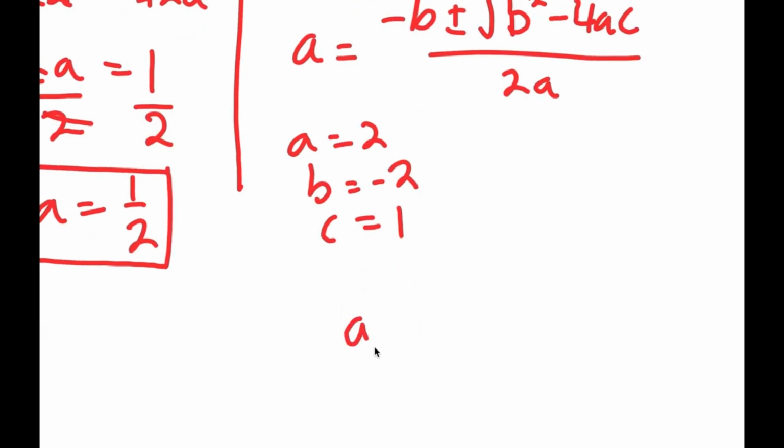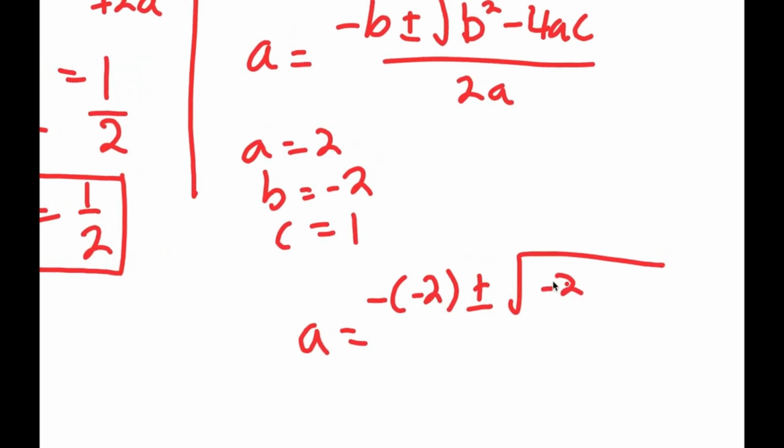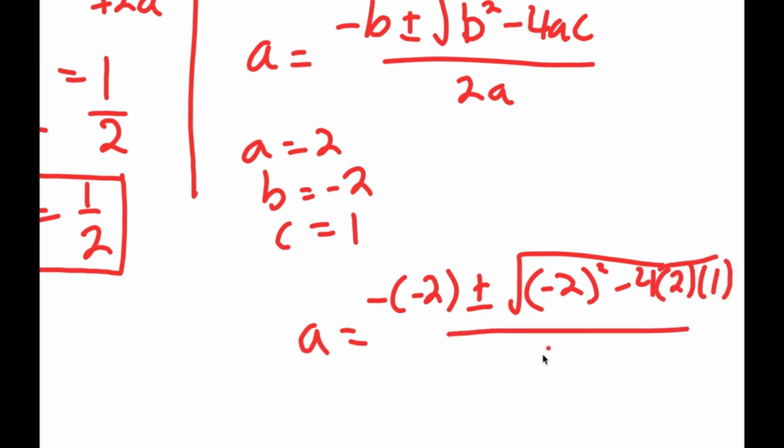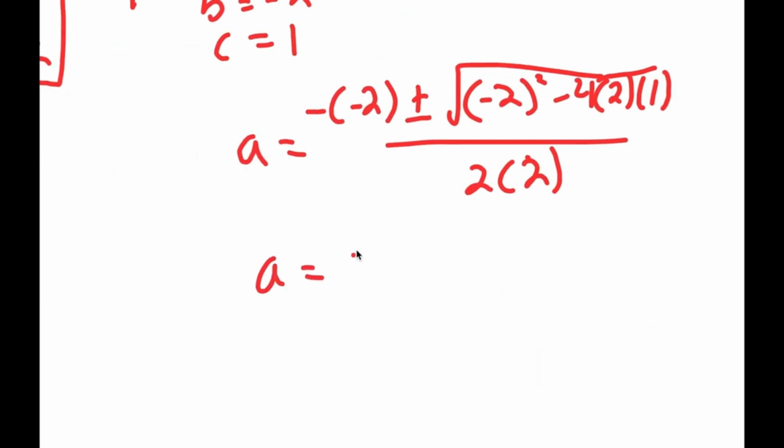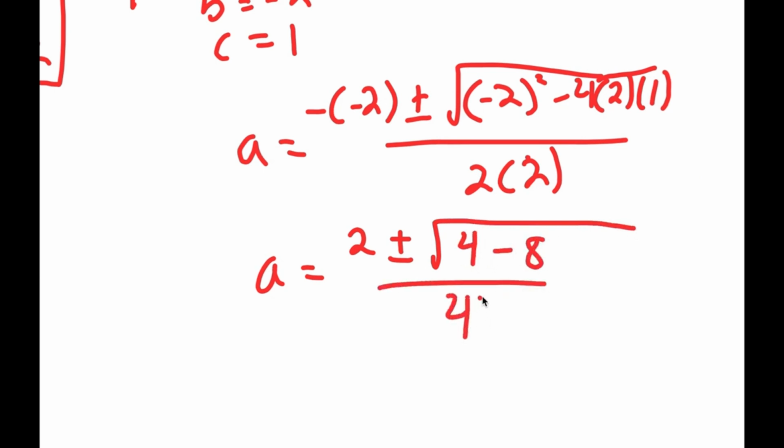So I plug these values in, I get negative of negative 2 plus or minus the square root of negative 2 squared, minus 4 times a, which is 2, times c, which is 1, all over 2a, so 2 times 2. And now this is equal to positive 2 plus or minus the square root of 4 minus 8, over 4.